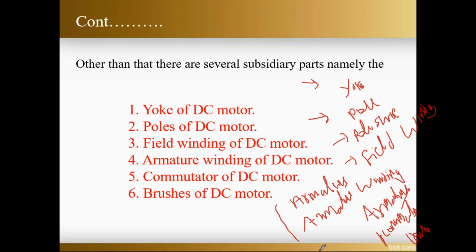So in the rotor we have five parts. Totally we have nine parts in the construction of a DC machine, whether it is a DC motor or DC generator, whatever it may be. But from the construction point of view both are similar, and from the principle point of view both are similar. The only difference is the way of energy conversion.